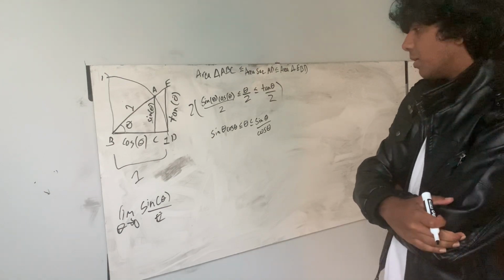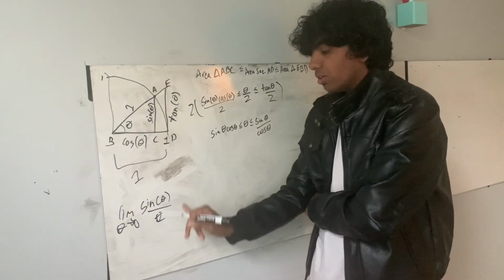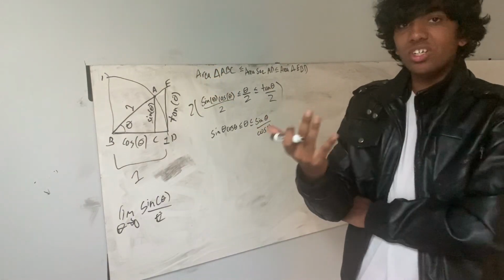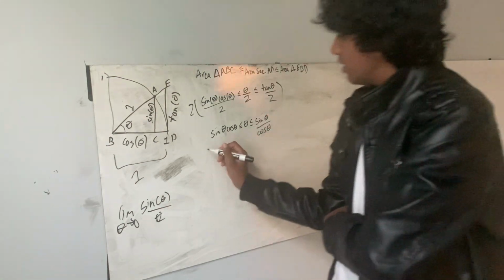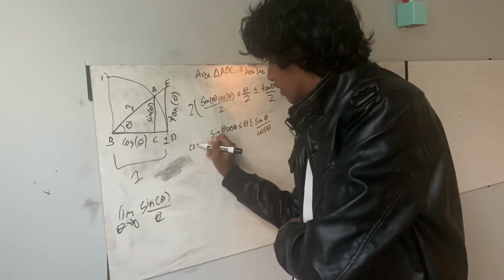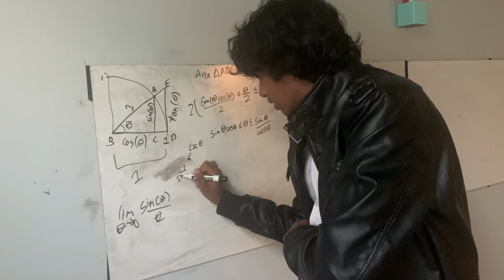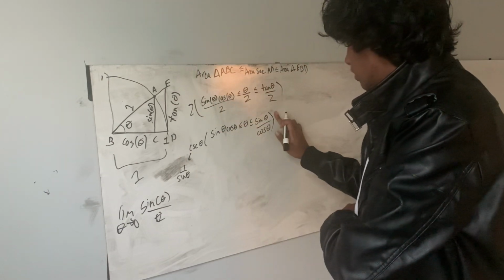Okay, since we're trying to get this sine theta over theta, one thing I do want is a sine near that theta, and I want it to not be multiplied, I want it to be divided. So let's multiply each side by cosecant theta, which, if you don't know, is just 1 over sine theta. So let's multiply cosecant theta on all sides.